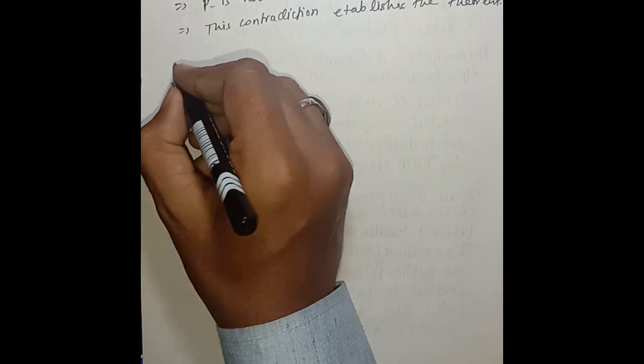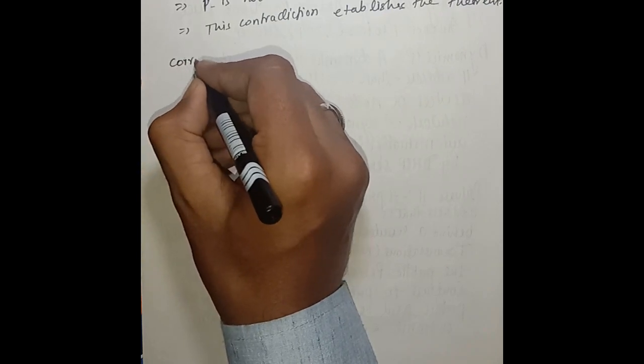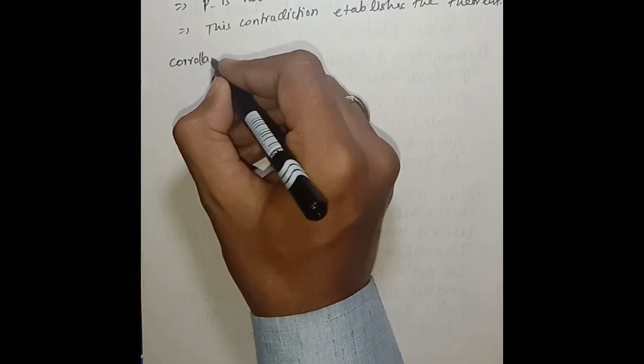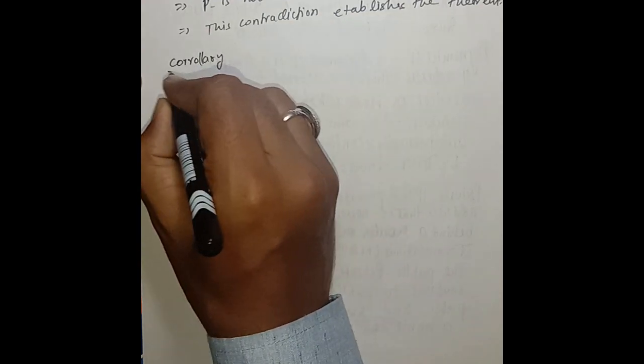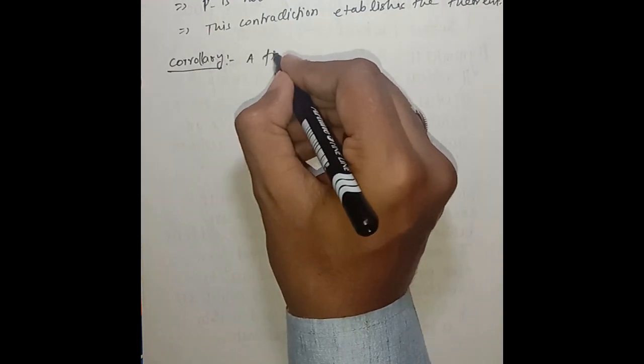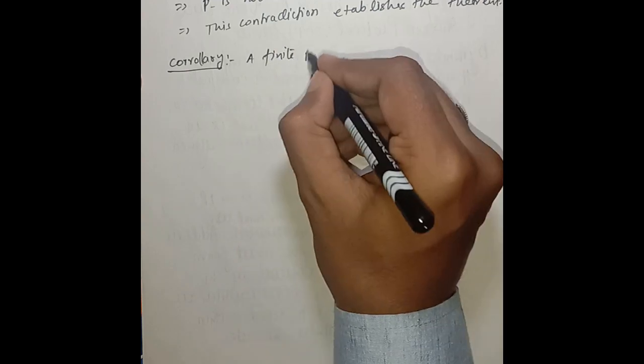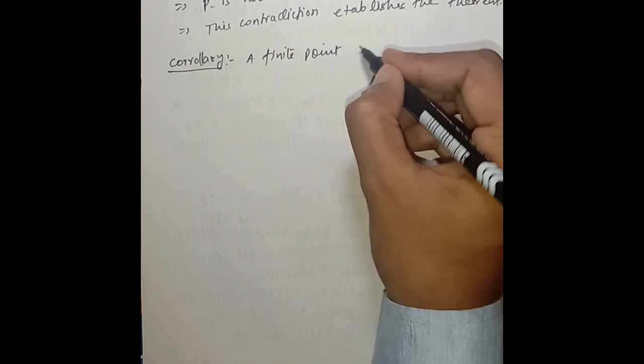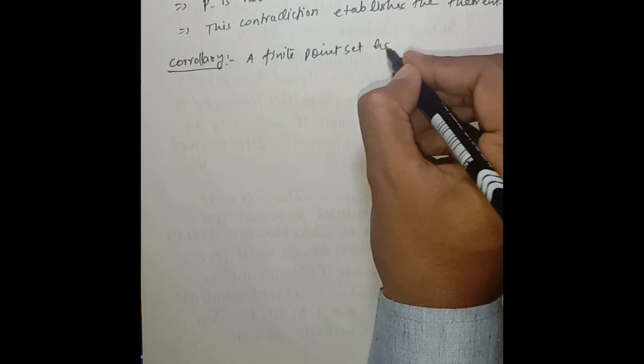Now we have an assignment. Prove this corollary: a finite point set has no limit point.